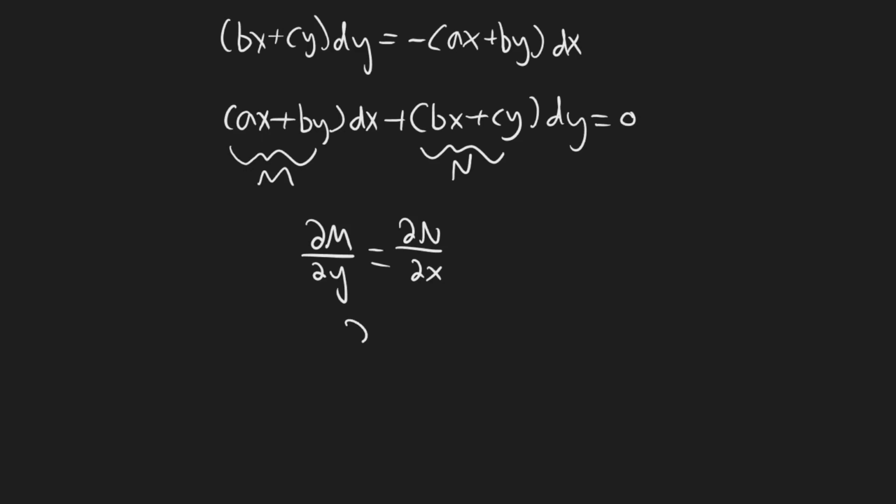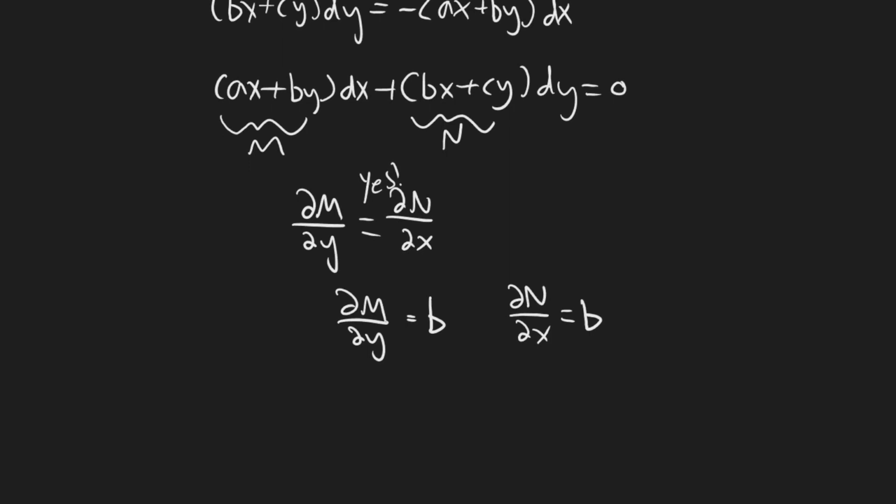Let's start with partial m partial y, and in this case, partial m partial y is just going to be b, and partial n partial x is just going to be, yep, just b. So they are in fact equal, and so this is an exact equation that we're working with here.